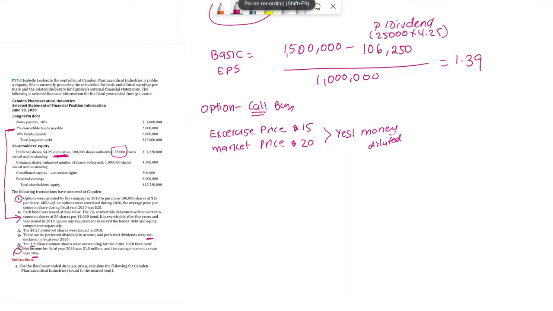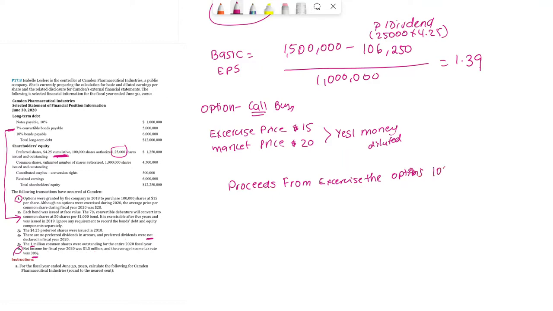So what we're going to do is, what is the option for? The option is to purchase, to buy 1,000 shares. So what are the proceeds from exercising this option? The option will be how many shares?